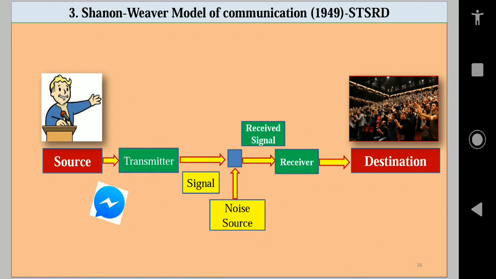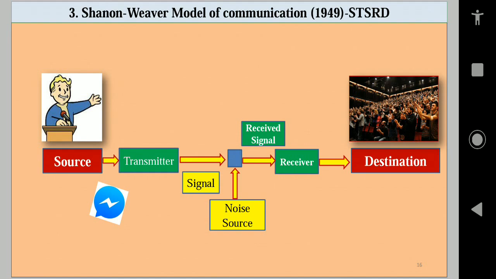In this model there are 5 key components. First is an information source, which produces a desired message out of a set of possible messages, written or spoken words, picture, music, etc. Second is a transmitter, which changes this message into signals suitable for transmission.